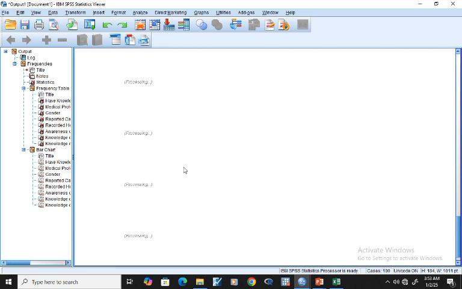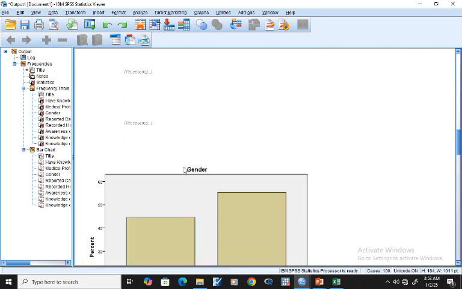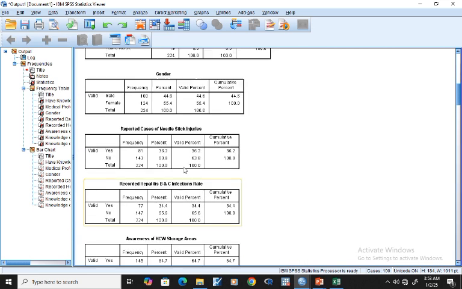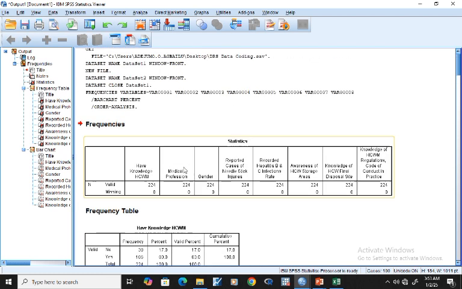Good. Here's the result. So here you see the result. There's a summary of your data. We have no missing data points. The number of data points here is 224.